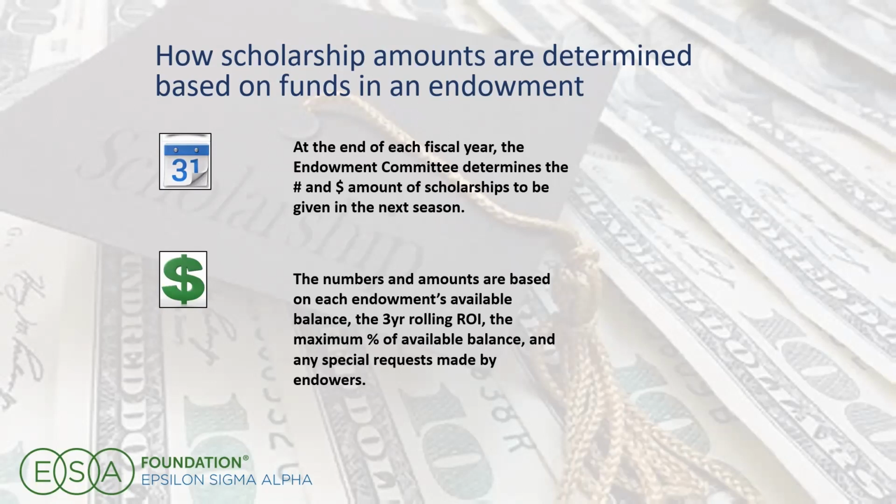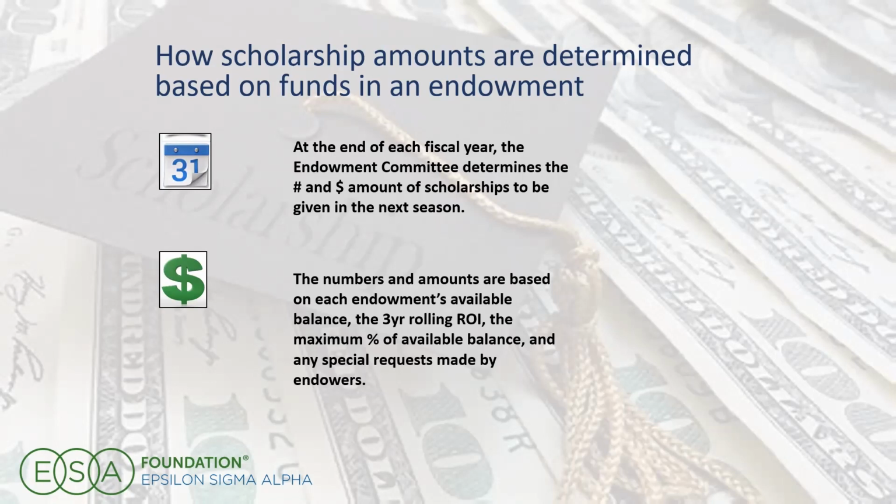We've had a few endowers who have specified a limit to the dollar amount that a scholarship is offered for. And we've also had some that have requested perhaps 2 smaller scholarships be given instead of 1 larger. So these are things that help determine what the funding and the amounts might be.